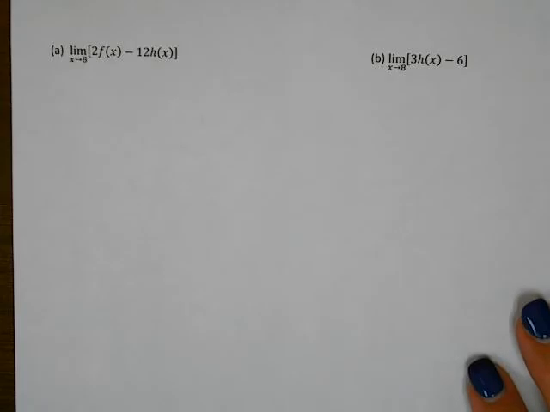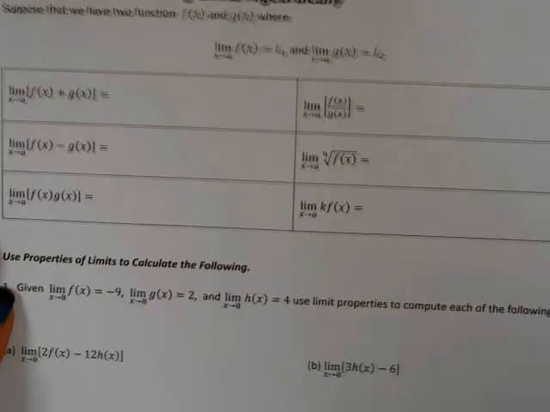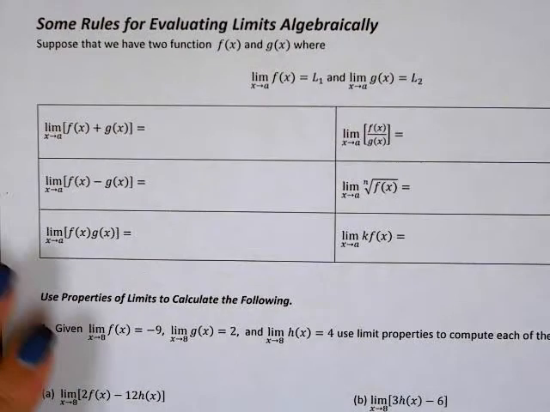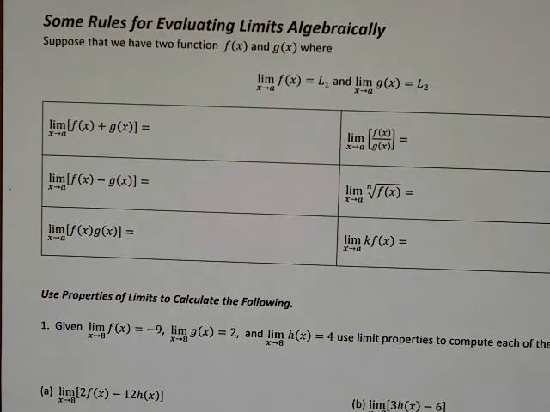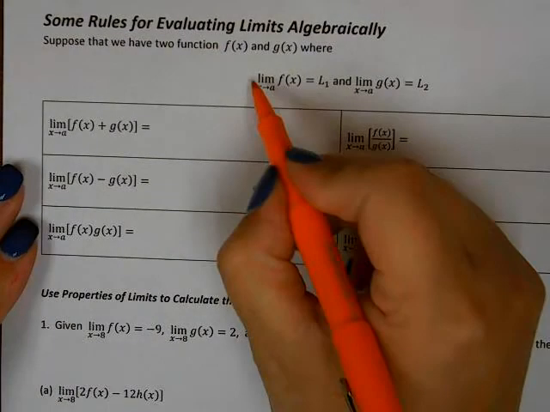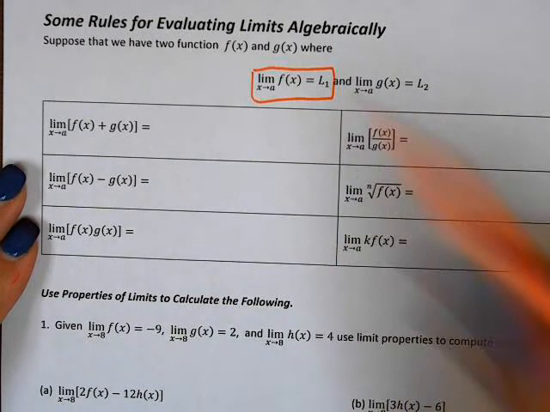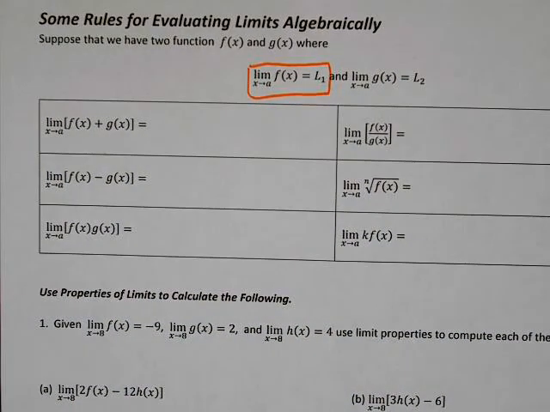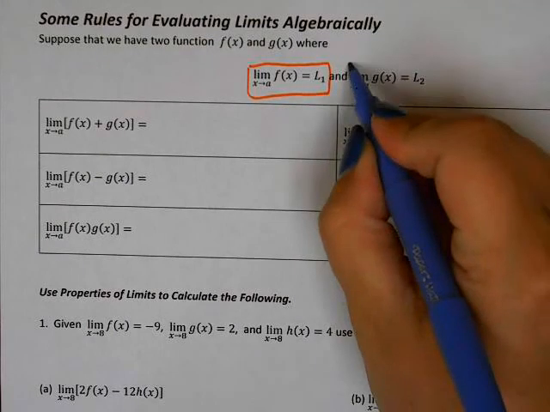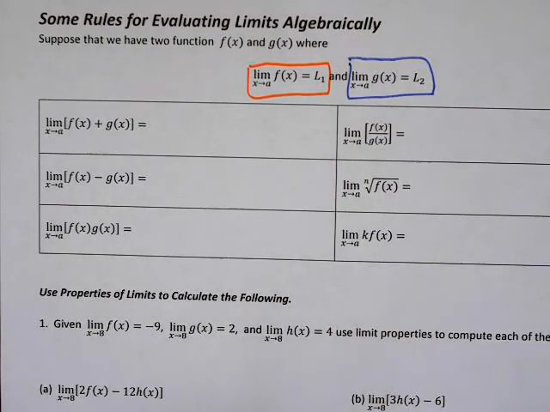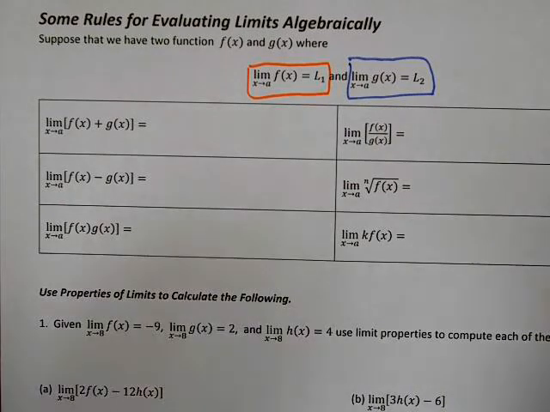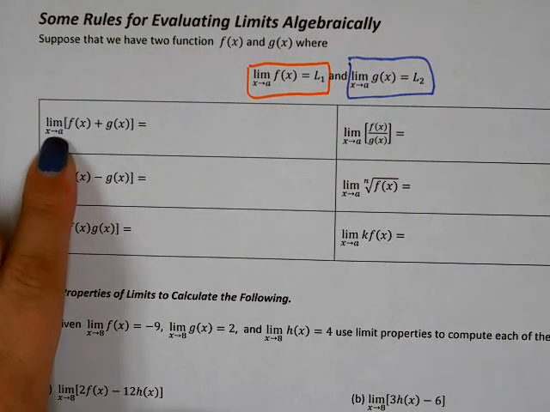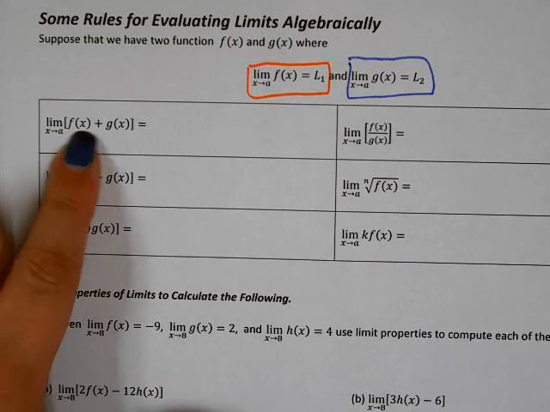All right, now we need to talk about properties of limits. So, the limit as x approaches a of f of x is L1. The limit as x approaches a of g of x is L2. That's going to be really important as we work through these problems. So, the limit as x approaches a of f of x plus g of x.